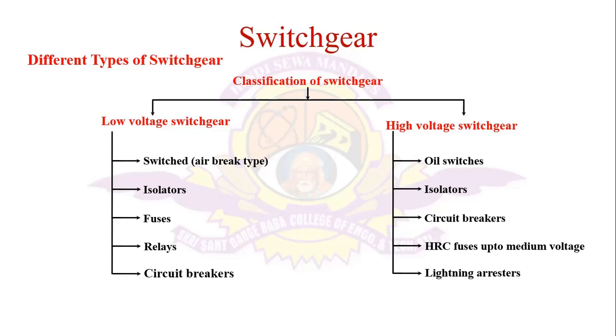And the last major component used in high voltage switchgear is the current transformer and the potential transformer. Current transformer is known as CT in short form, and the short form of potential transformer is PT. The CT and PT are also called instrument transformers because they are always connected along with the measuring instrument for monitoring purposes. So this is the brief classification of the switchgear.